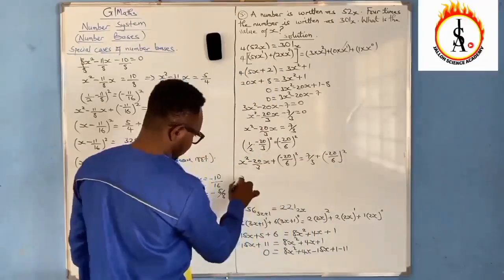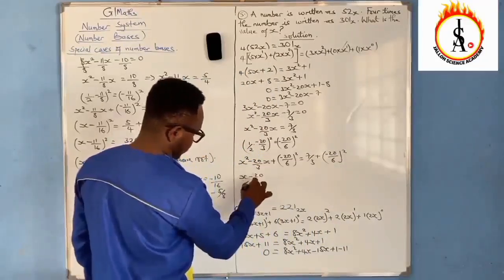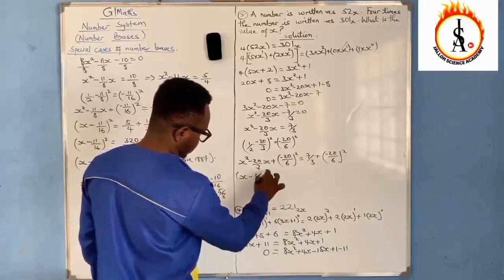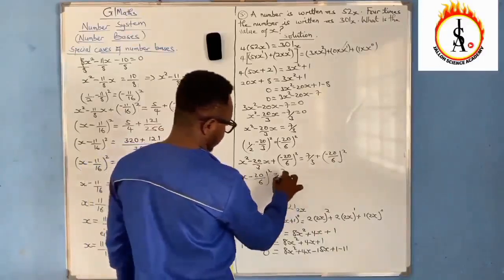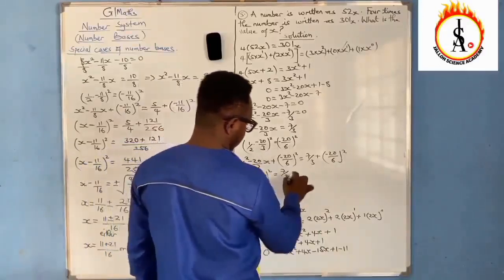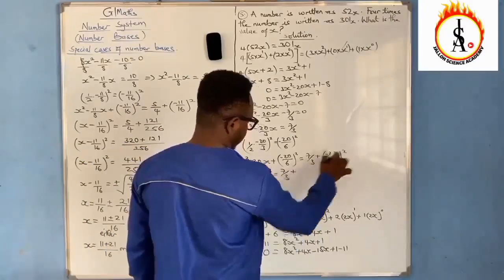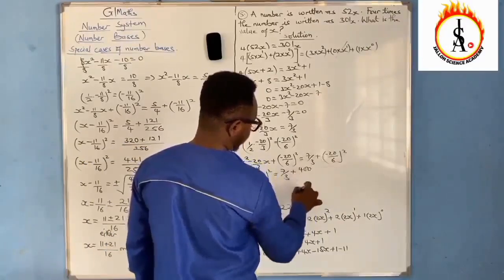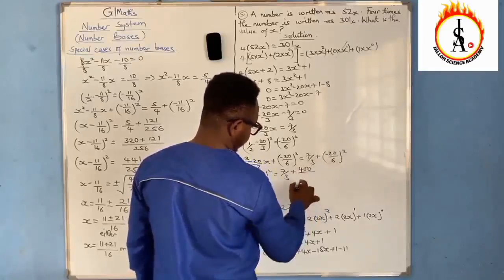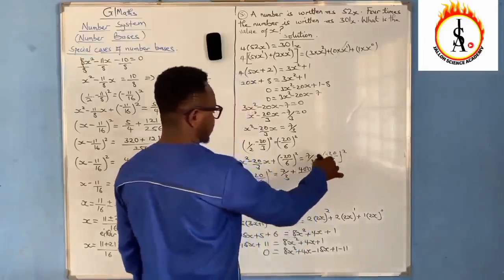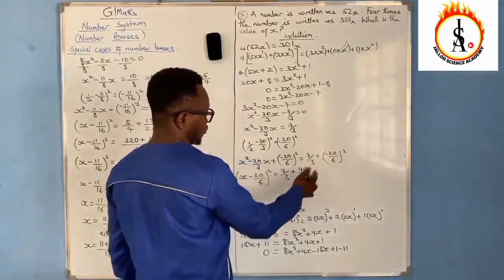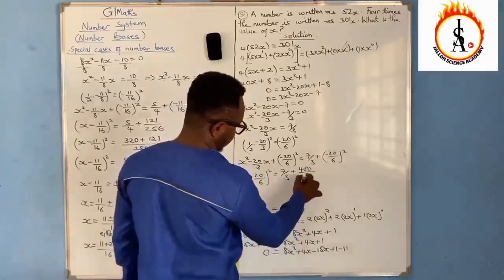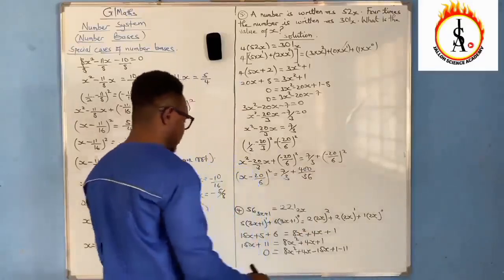So here we say x minus 20 upon 6 all squared is equal to 7 upon 3 plus negative 20 is 400 over 6 squared. Negative 20 squared is 400. 6 squared gives us 36.